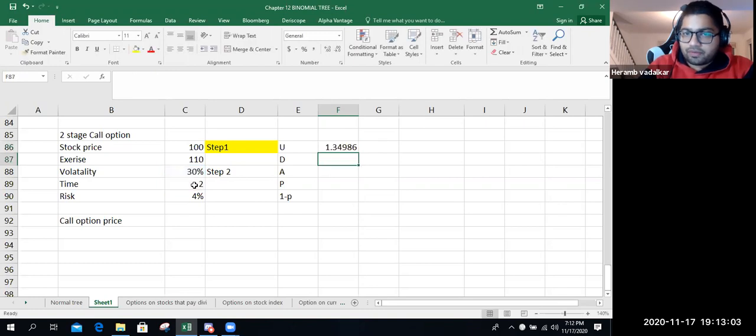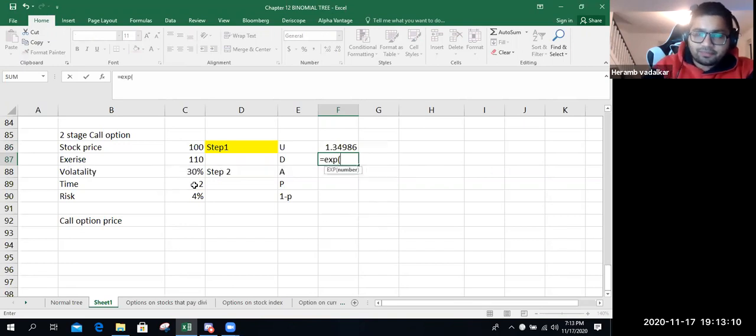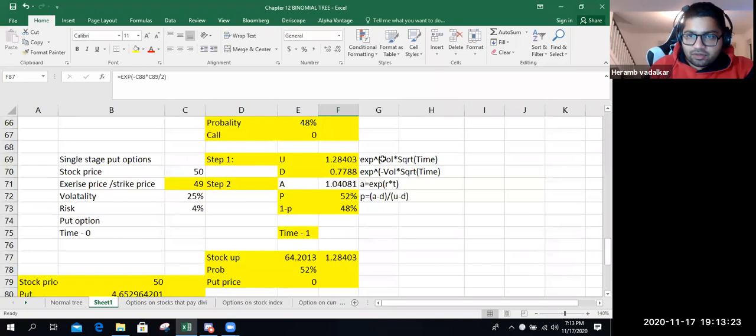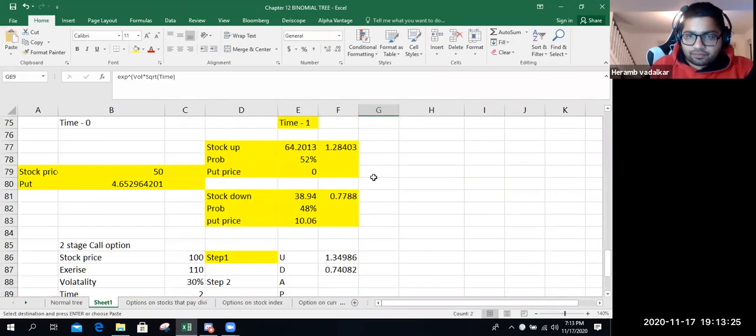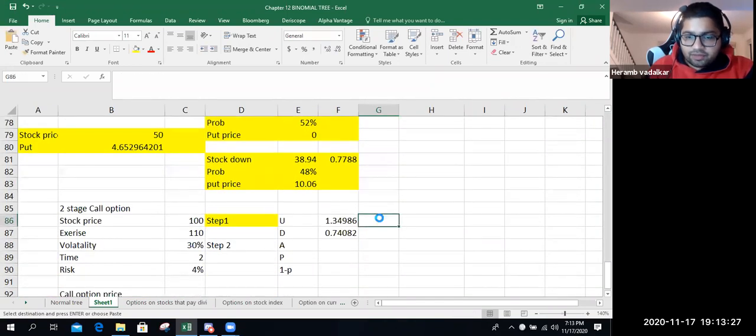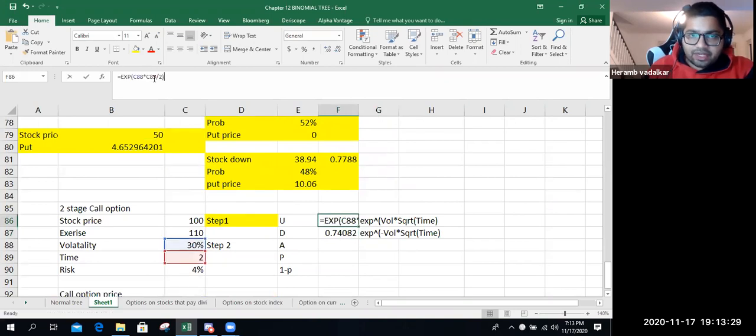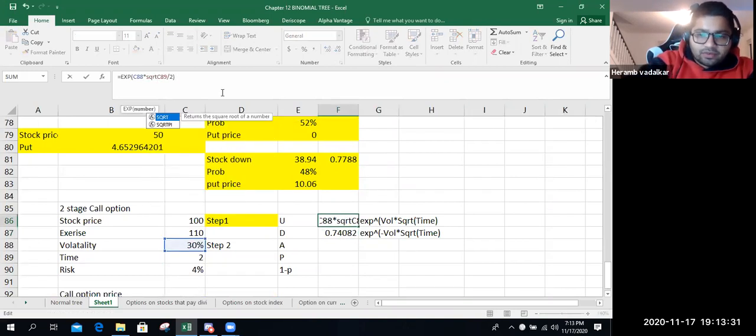So we found out U, 1.34. D will be exponential of negative 30% times time divided by 2, so 0.74. Okay, one mistake I made. We have to take the square root of time, the square root of time divided by 2.